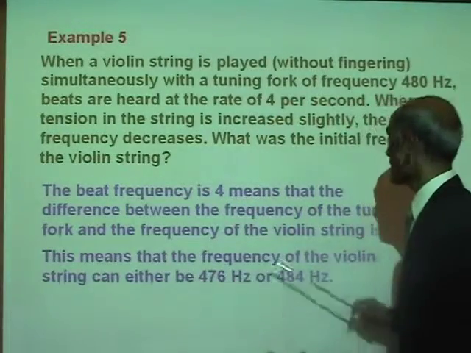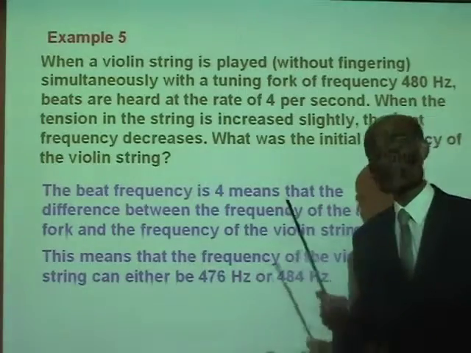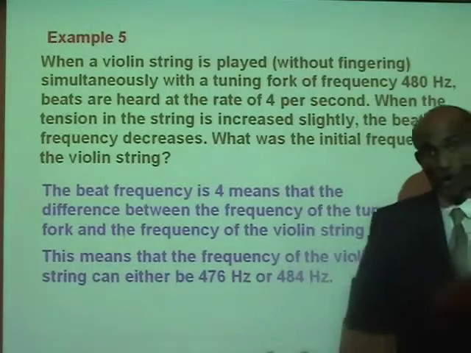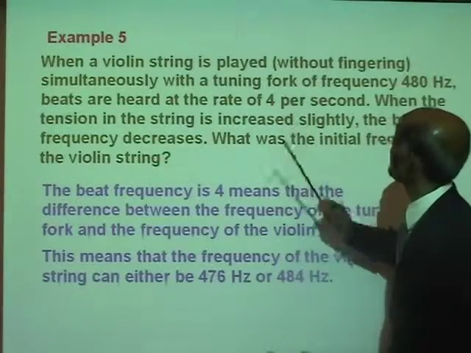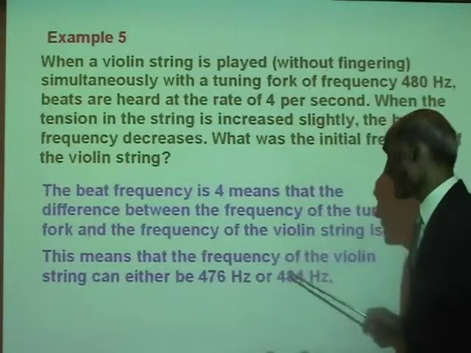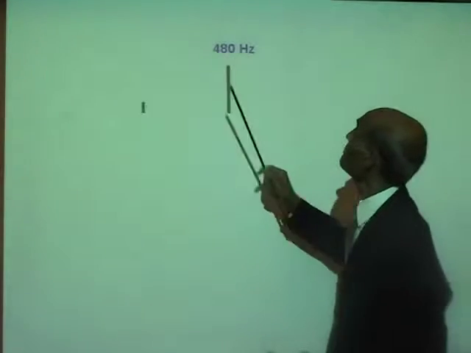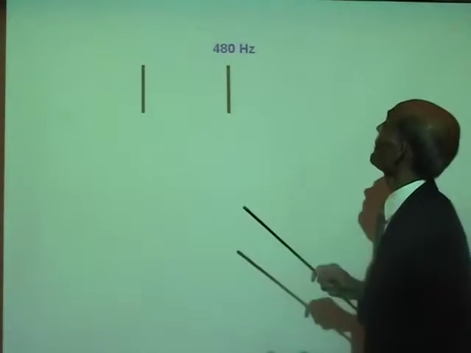So this means that the frequency of the violin string can be 476, that is 4 less than the frequency of the tuning fork, or 4 more than the tuning fork, that is 484. We got to decide which is the correct frequency. The frequency of the tuning fork is 480.